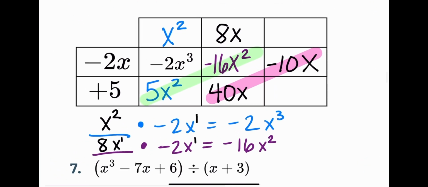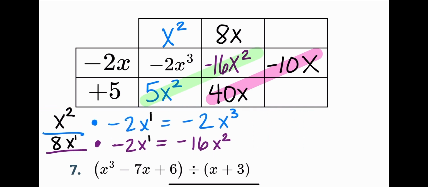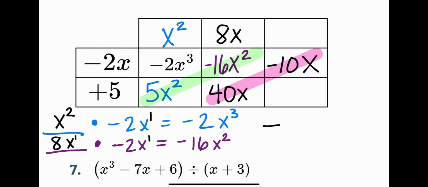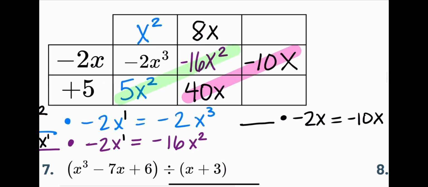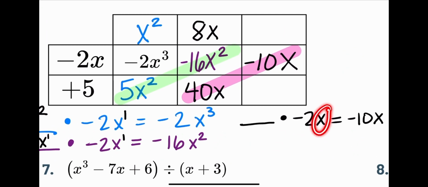Well, we're in this cycle again. So we know that this box here is achieved by multiplying this one with this one. So we're going to set up blank times negative 2x equals negative 10x. What times negative 2x would give me negative 10x? I'll tell you one thing, I already have enough x's.